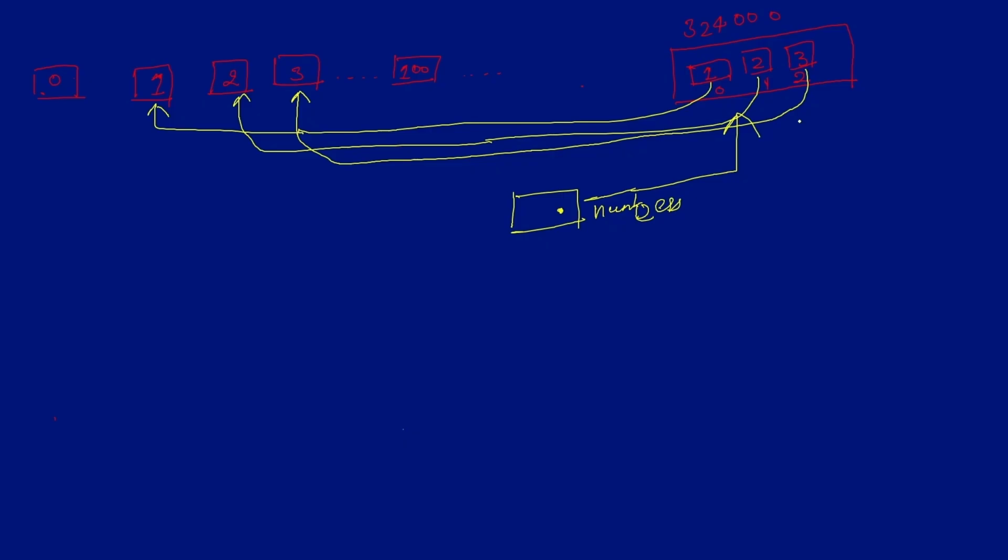Next, inside that particular function we appended that value 100, so our list became 1 2 3 and 100. And this is at the same memory location 324000.